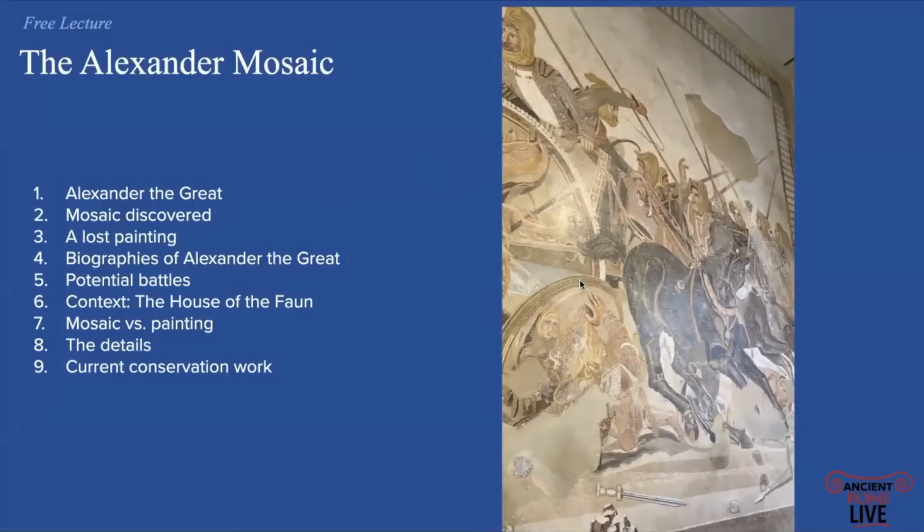Actually, today it's off view as a big conservation project is taking place. It hasn't really been subjected to any intense scrutiny in terms of its preservation, but you can see it's on a wall in the museum. Of course, the backing onto which the mosaic has been placed includes metal, and that metal has rusted over time.